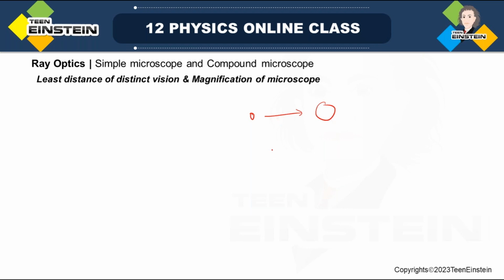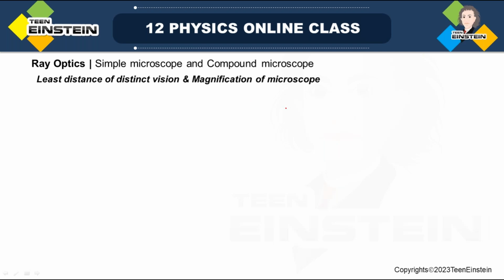Okay, so if I have written a like this, when you see through microscope it will be like this. In bigger font we will see. So a small object can be seen bigger through microscope, and that is actually magnification. Magnification means a small object can be seen in a larger size or bigger size.